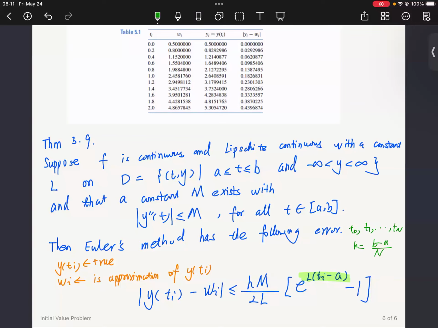What's your M? Your M is the bound on the second derivative. Look at this: if you have a smaller bound for the second derivative, then this error becomes smaller. And also we have the step size, with order one here.